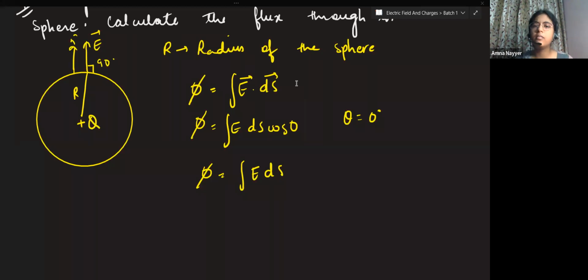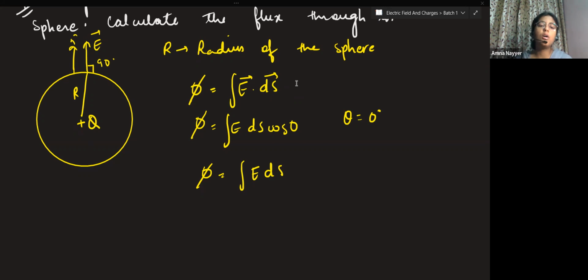See, we had done this a long time back, before your vacations. Electric field for a point charge is K capital Q divided by R square. If you remember, we had derived a relationship between electric field and force. Electric field was force divided by charge. Force was KQ square by R square. So one Q got eliminated, that was the test charge.